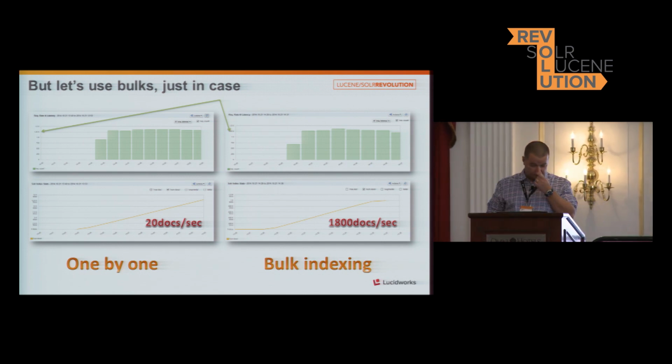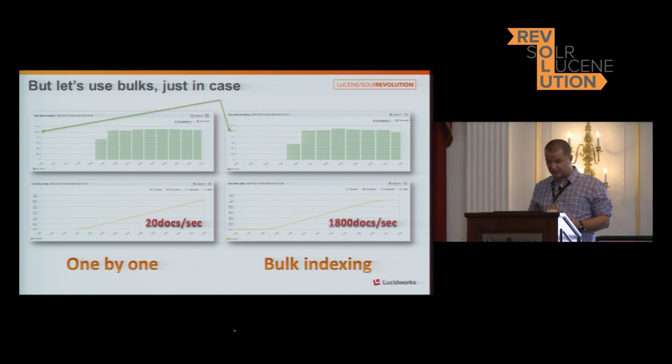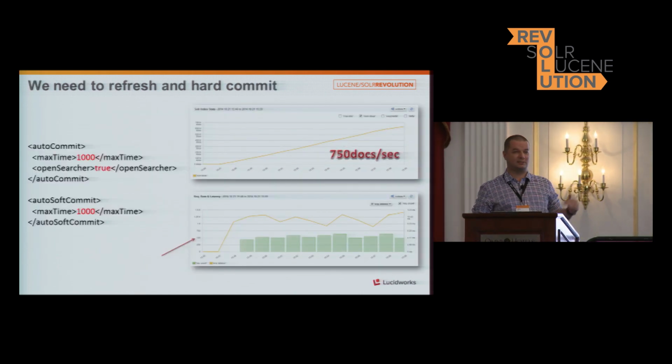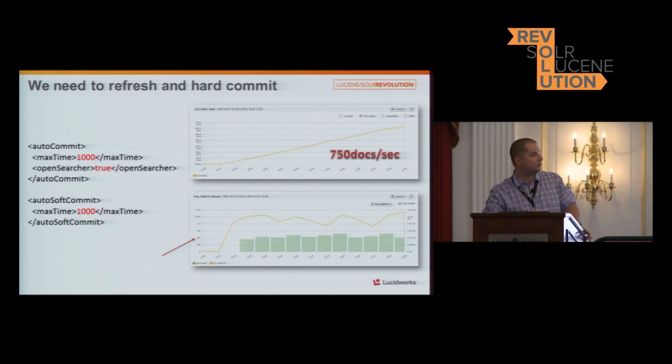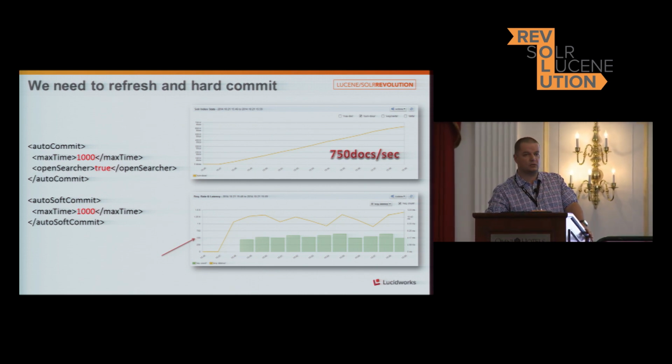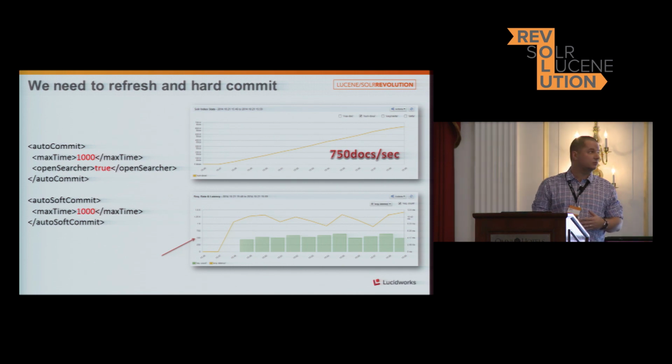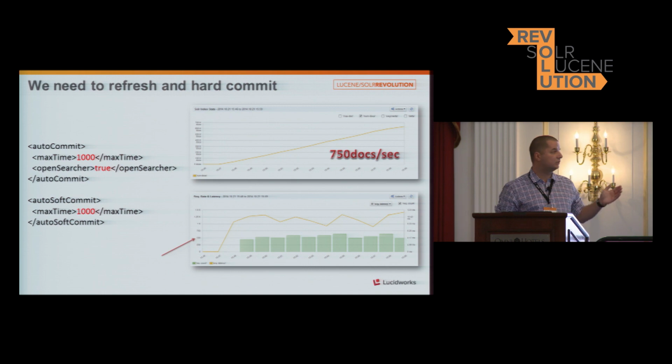However, after some time, we noticed that the indexing dropped. Why is that? We looked again at the Solr config, and we noticed that the autocommits were adjusted. So we've seen something like that. The hard autocommit was set to 1 second with open searcher set to true, and the soft autocommit was set to 1 second.